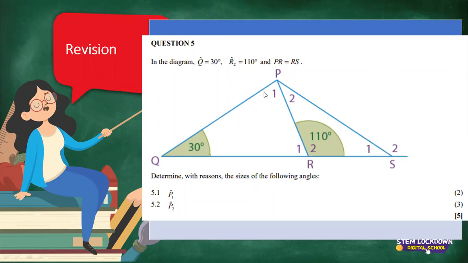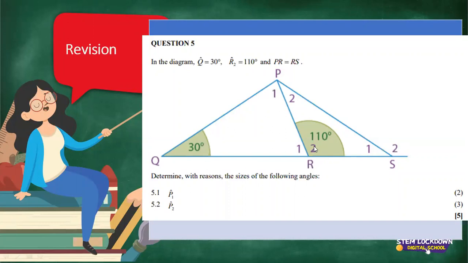The exterior angle equals the sum of the opposite interior angles. Don't forget, PQR is a triangle, so this R2 is an exterior angle of triangle PQR. The exterior angle of a triangle equals the sum of the opposite interior angles, meaning if you add P1 and what?